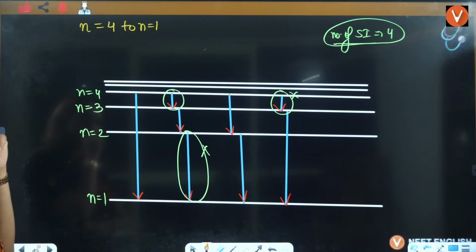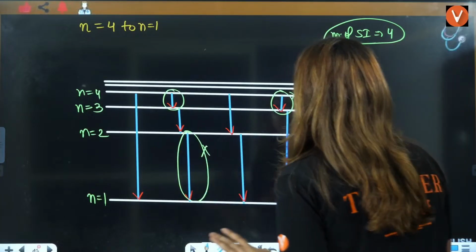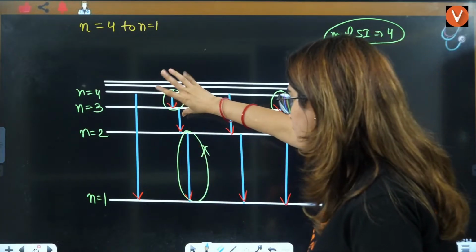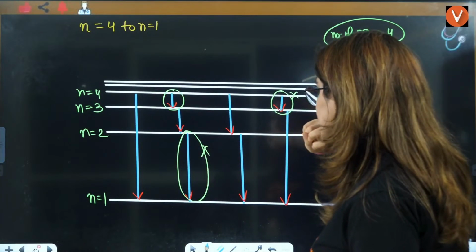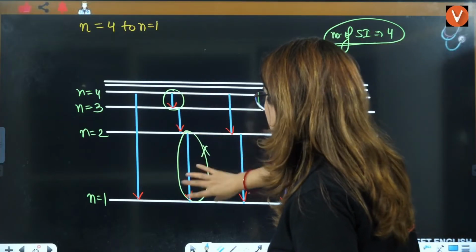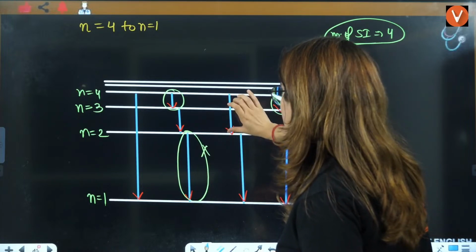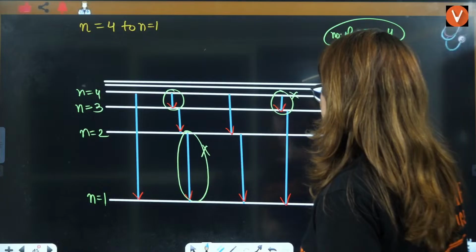What line am I missing? It is going from this to this, 4 to 3. See, from the formula, it is coming out to be correct. So what missing line do we have? It is going from 4 to 1 directly, then 4 to 3, 3 to 2, then 2 to 1, right? Then it can go from 4 to 2, then 2 to 1, right?